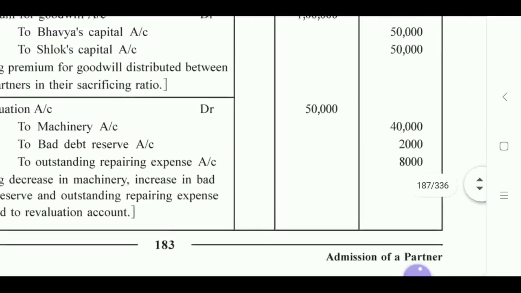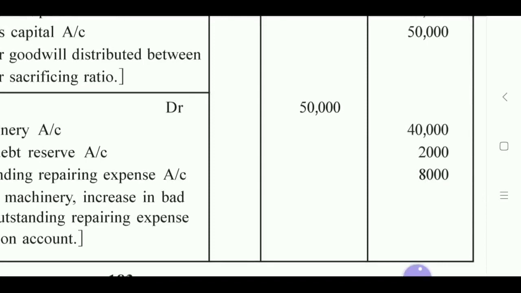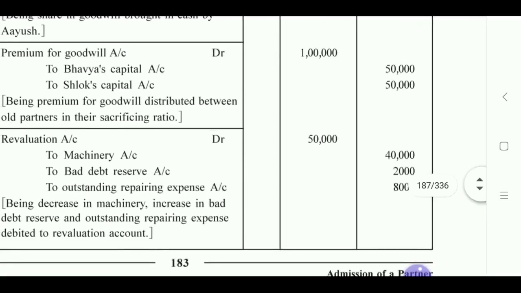So now 50,000 here. If you want to understand these journal entries separately, I can explain. See, revaluation account debit 40,000 to machine account 40,000. Revaluation account debit again 2,000 to bad debt reserve account 2,000.